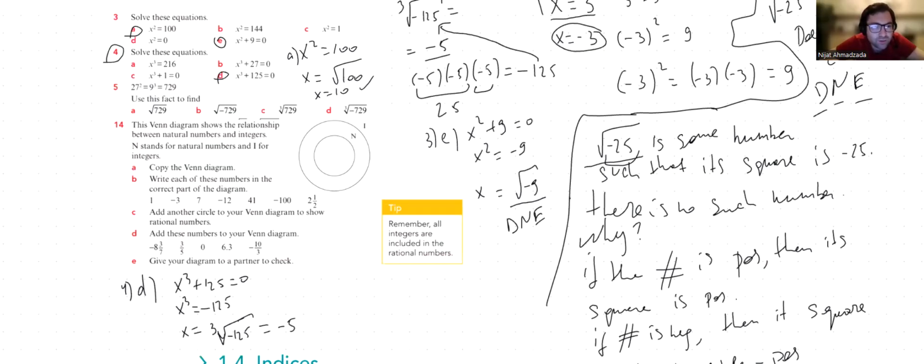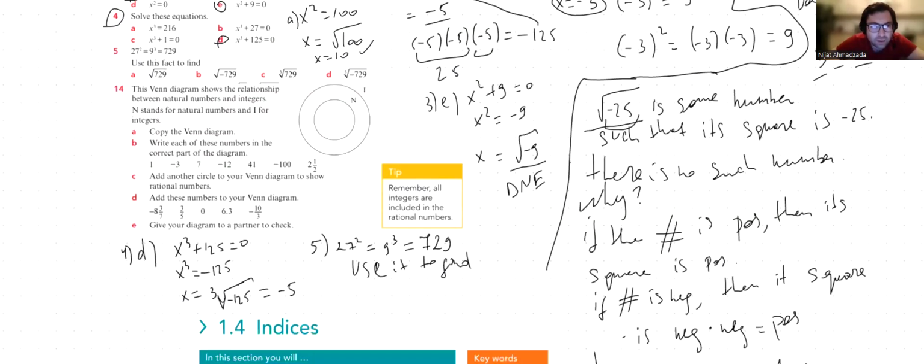Let's do question 5 very fast. We already know that 9 cubed is equal to 729. And we have to use it to find, let's say, D. We have to use it to find the cube root of negative 729.